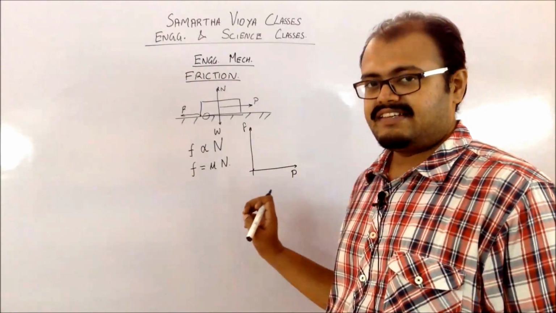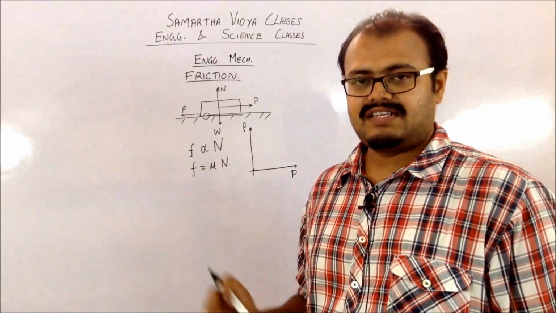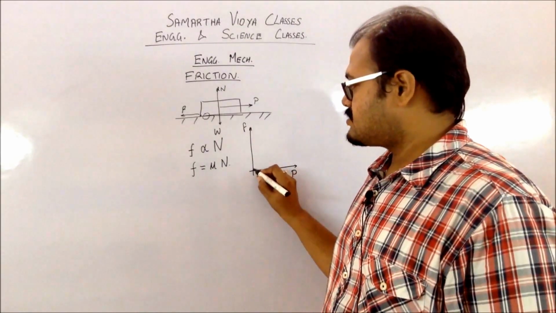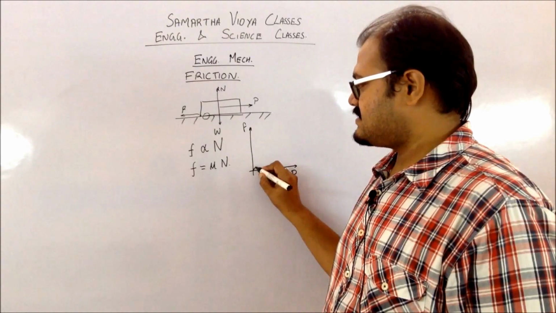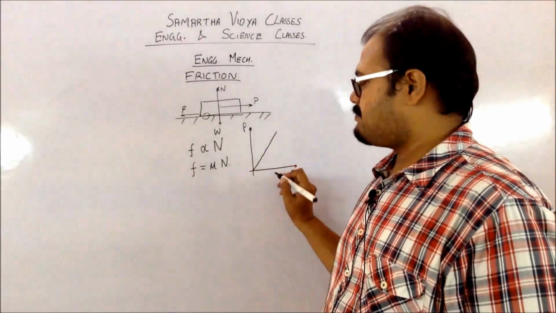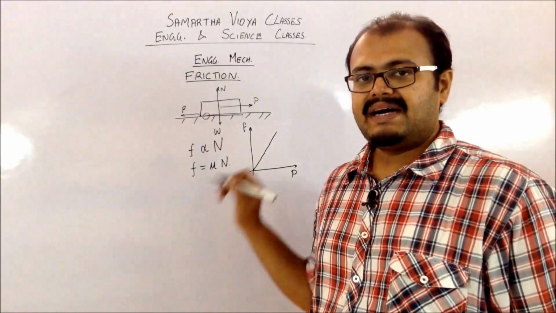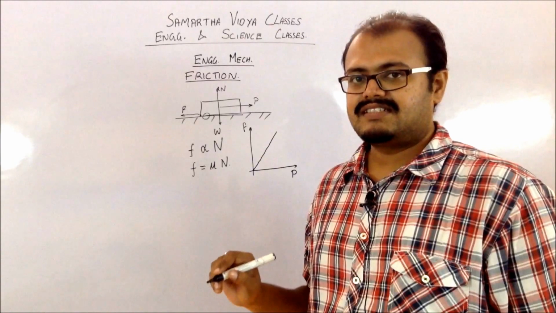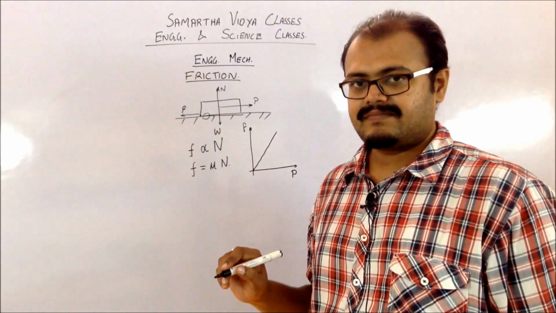Now you are going to plot a graph in which you change your applied force and calculate the corresponding frictional force generated. What you will see is that as the applied force increases, the frictional force also increases. But this frictional force is limited to a certain amount of force only.